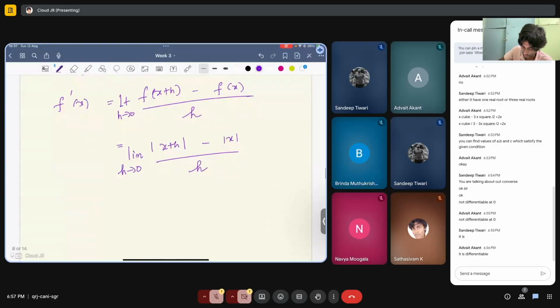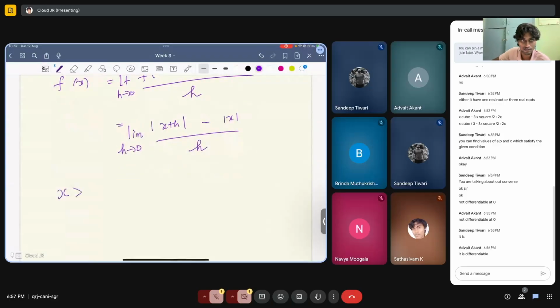Let's say x is greater than 0. When x is greater than 0, what you can observe is that h is going to 0, right? So you have x here and you have x plus h. Depending on whether h is positive or negative, x plus h is either here or here. So it can be in both ways.